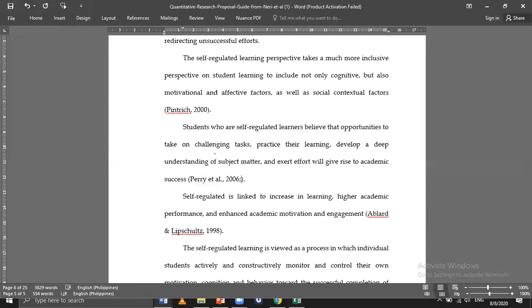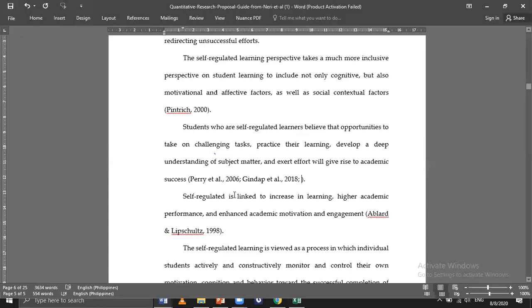You can look for at most five people. So Perry et al. is one. Let's say we have Hindap et al., 2018.